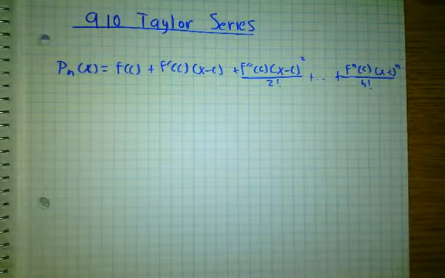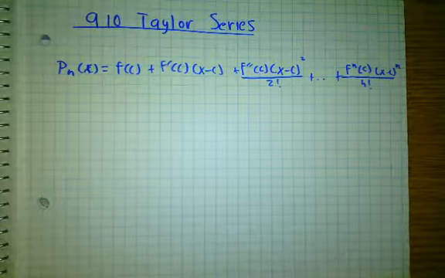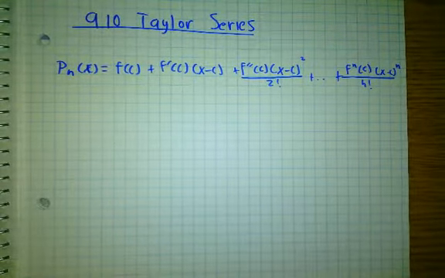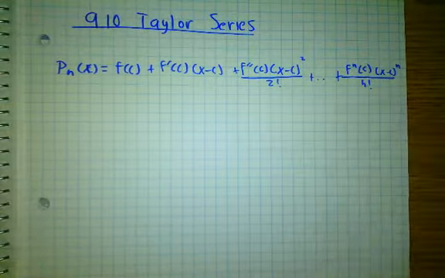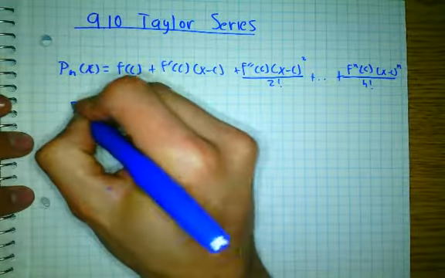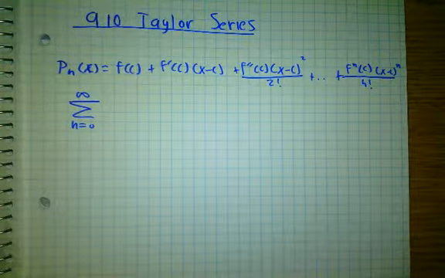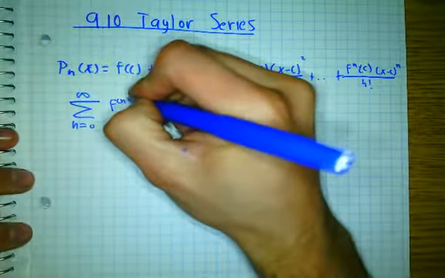Alright, so what we're going to do here is try to create a series based on this. There is one major flaw with what we have here, and that was the problem that Taylor and Maclaurin were running into. How could we make this work? Well, they were like, okay, we can try to make this into a series simply by going from 0 to infinity of what we have here, right?